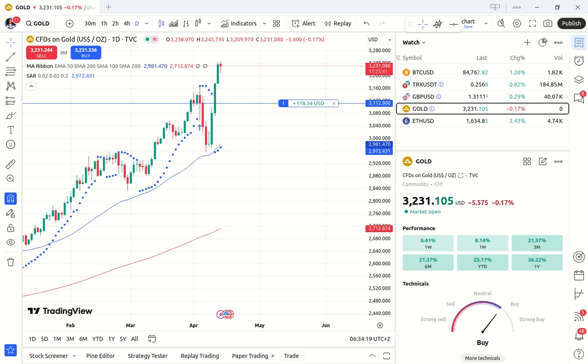So basically it is a complex candlestick pattern.